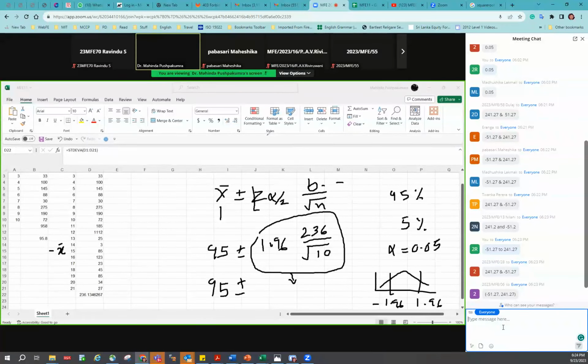You can see the answers in the chat box. I think they have calculated the lower limit and upper limit.